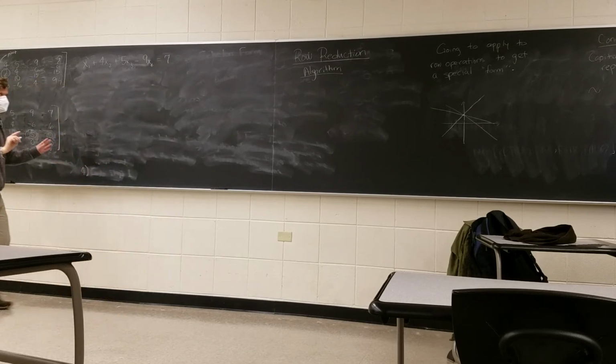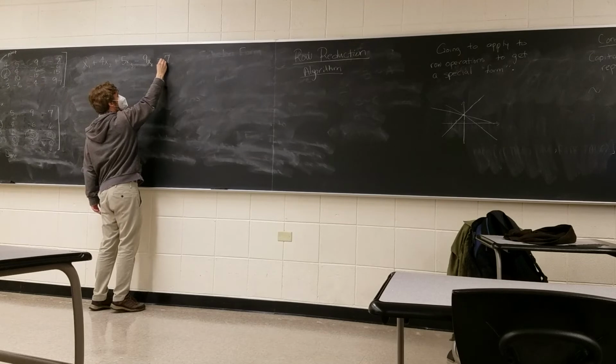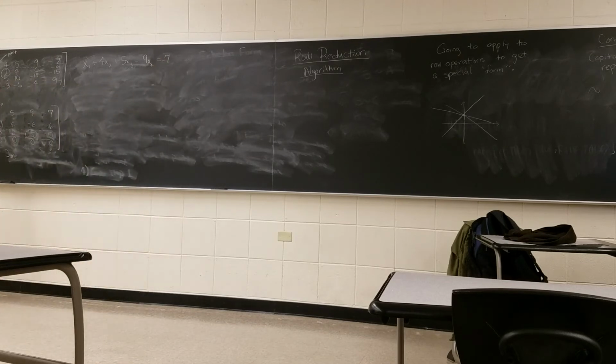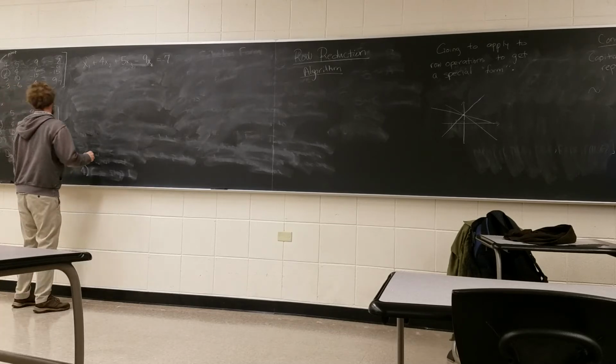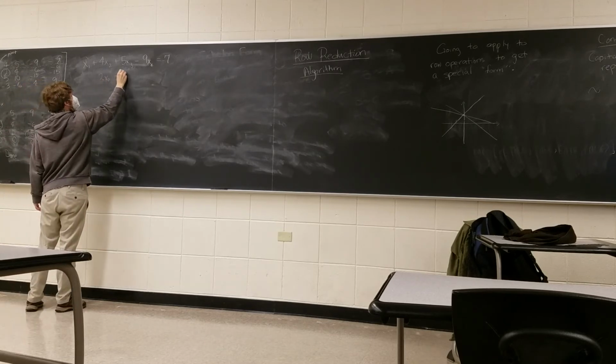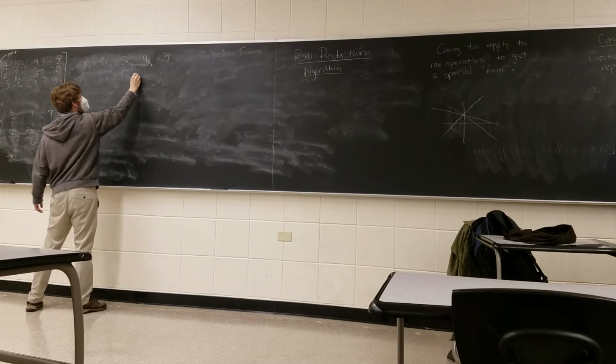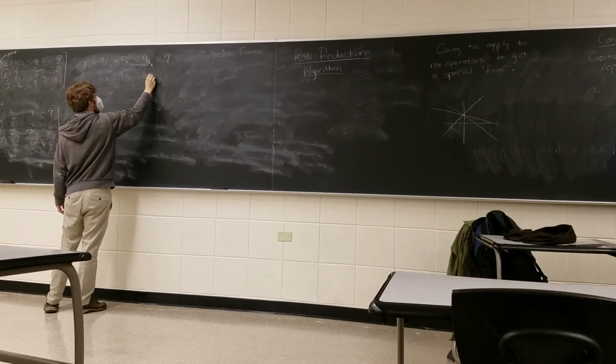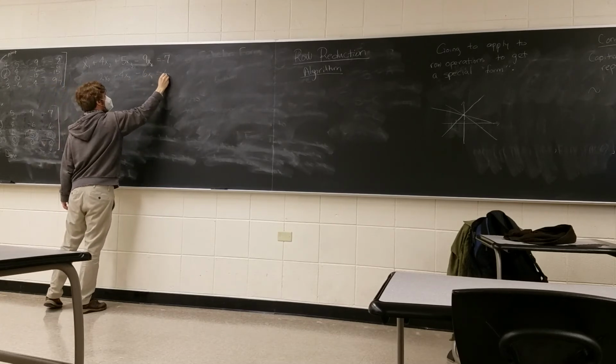I'm treating this as an augmented matrix, not as an ordinary matrix. Now, this one. So we've got 2 x2 plus 4 x3 minus 6 x4 equals -6.